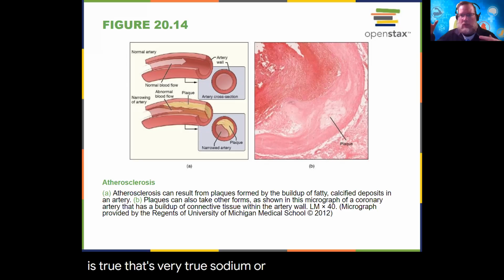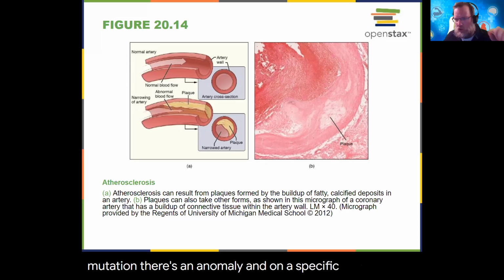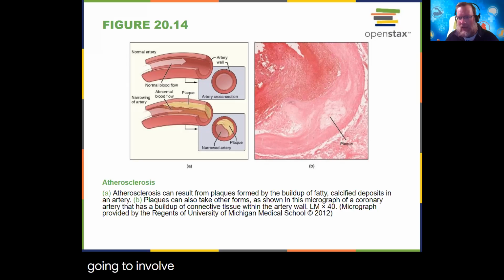Sodium, blood pressure. There are all kinds of factors, but there's also a genetic mutation. There's an anomaly on a specific gene that involves not having enough of a specific enzyme that enables this process of keeping your arteries clean to occur.